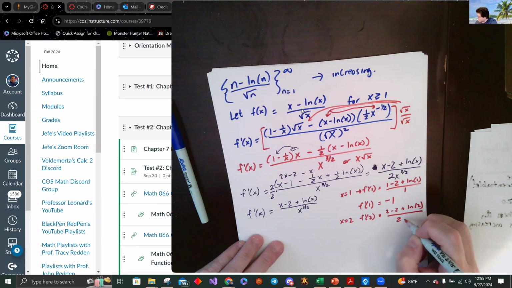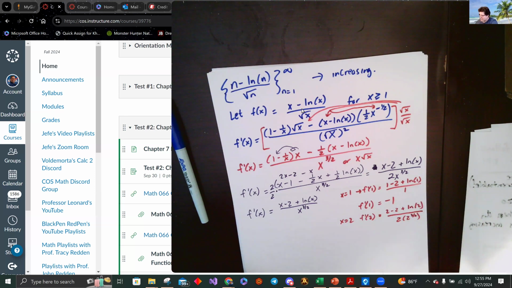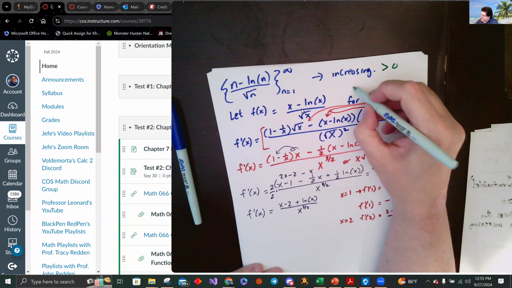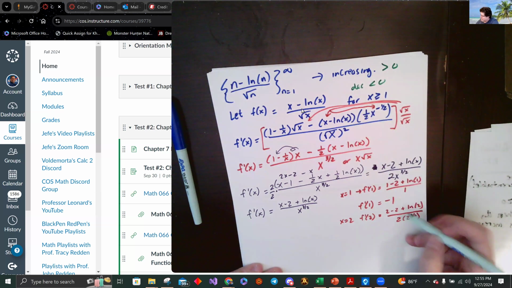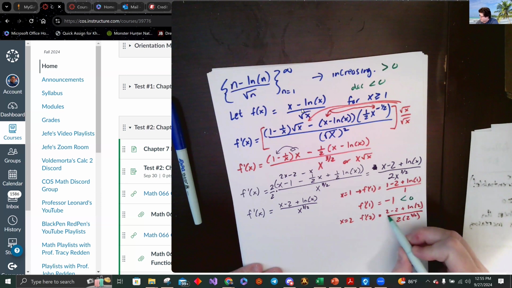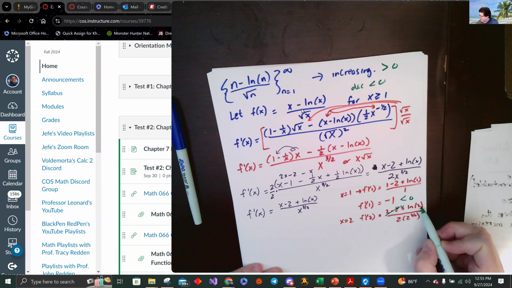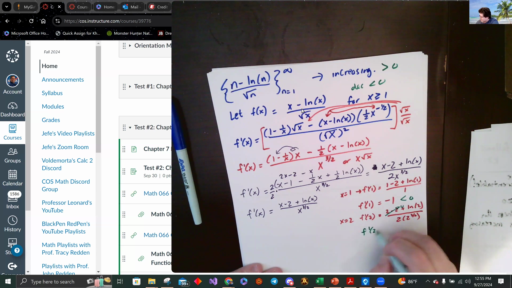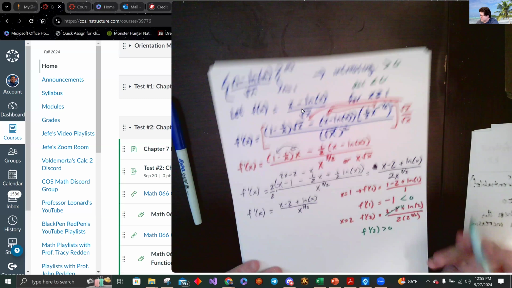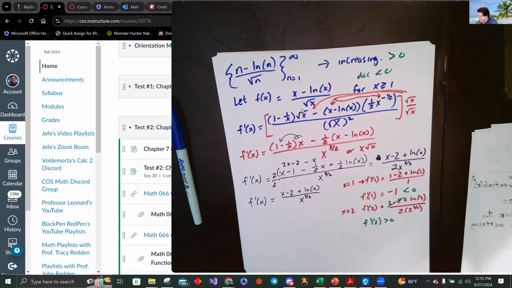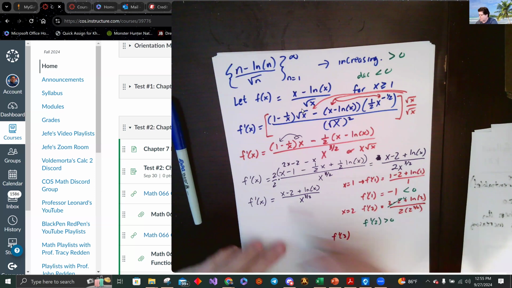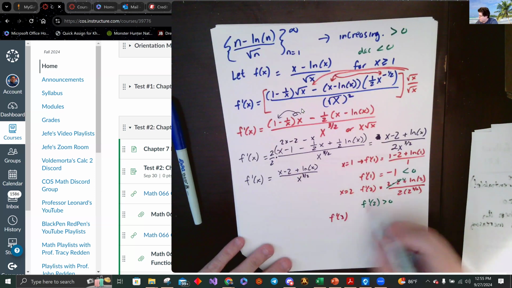And we're looking for, remember, greater than 0 or less than 0. Increasing would be greater than 0. Decreasing would be less. So here it's less than 0. That's 0. Natural log of 2 is positive. The bottom is positive. I don't need to get an exact value. It's positive. If I do f prime of 3, I've got 3 minus 2 is 1. 1 plus natural log of 3 over 2 times 3 to the 3/2.